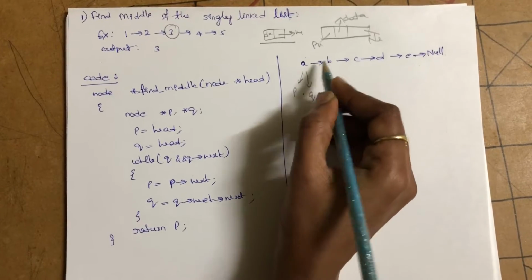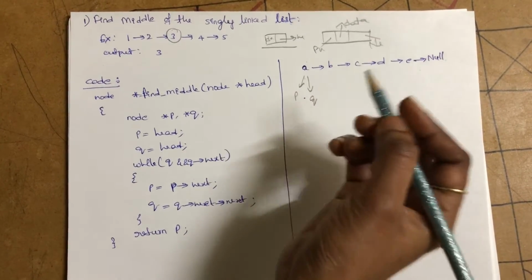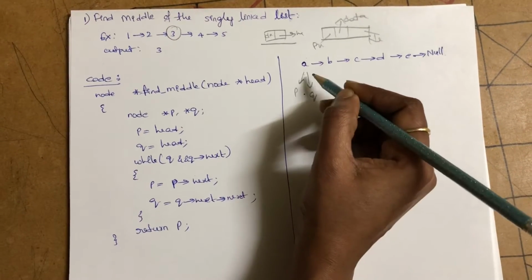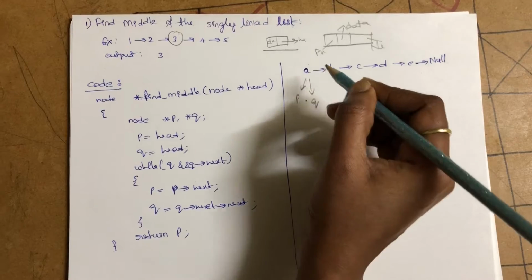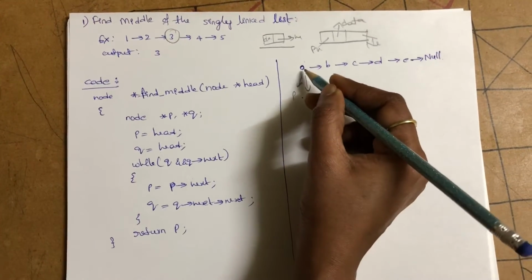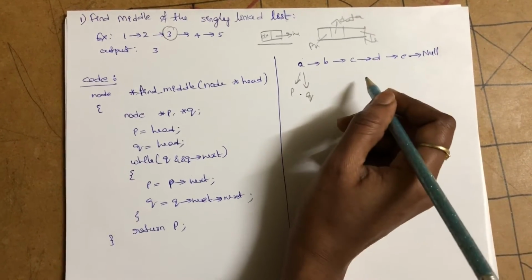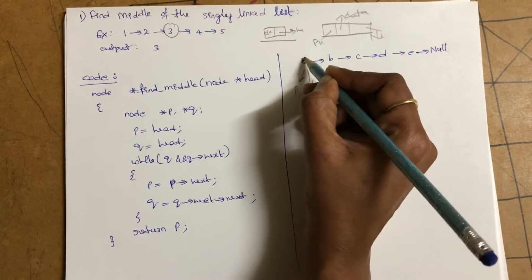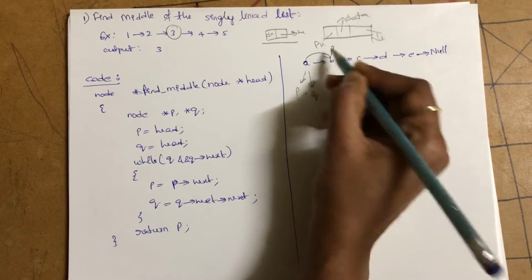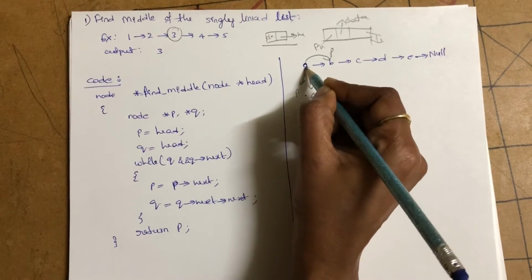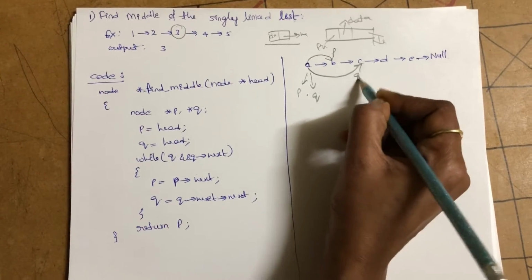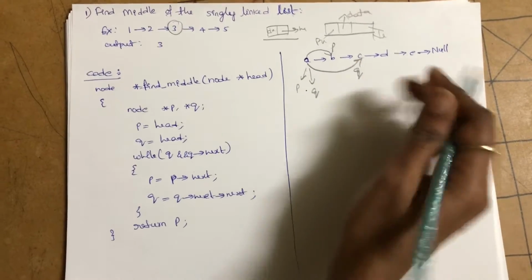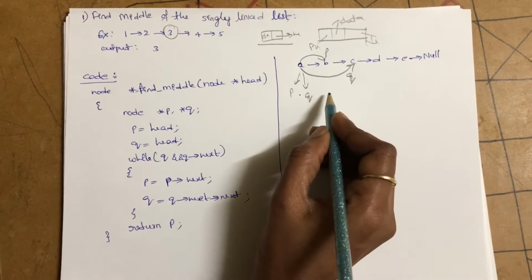Then I take a while loop: if Q is not equal to null and Q next is also not equal to null, then we move P to the next pointer and Q to its next pointer. By using this logic, we're going to find the middle of the single linked list.